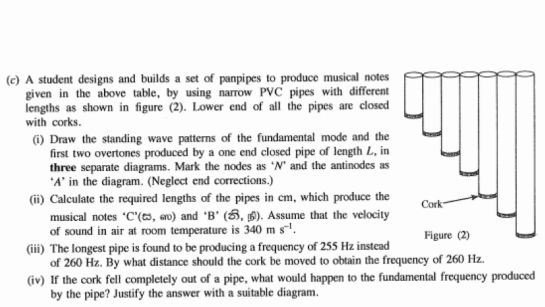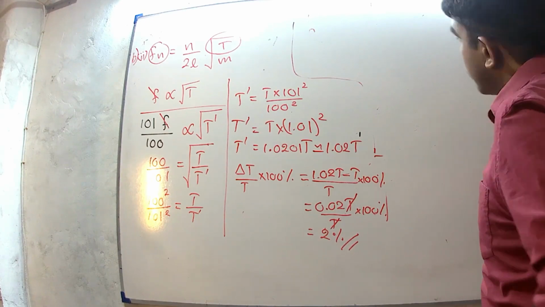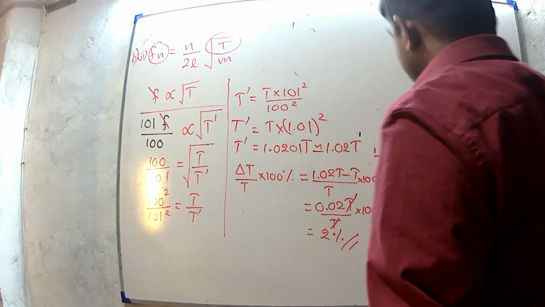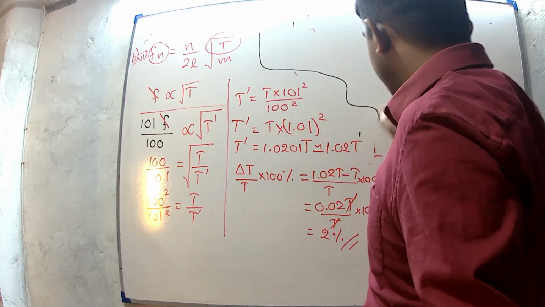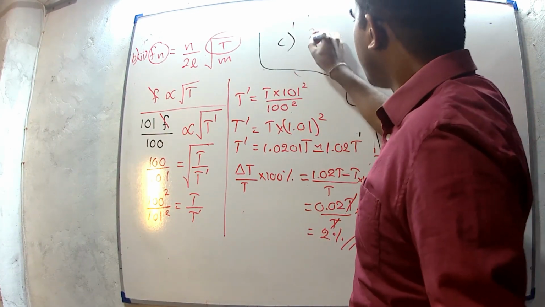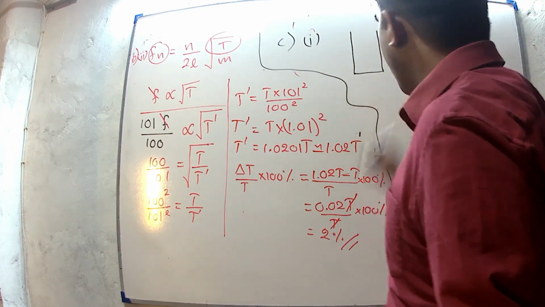Neglect end correction. Then we can consider it is a closed pipe. See part 1. Closed pipe.